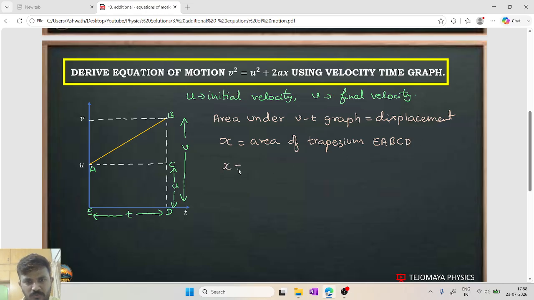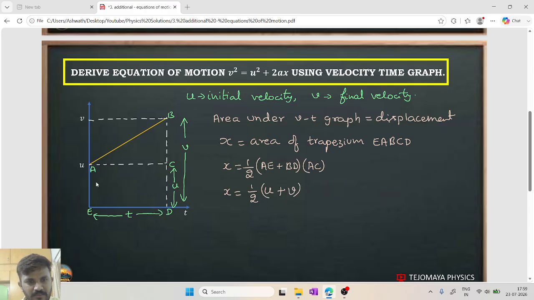What is the formula for the area of a trapezium? Half into the sum of parallel sides, that is AE plus BD, into the height, that is AC. So from that I can get x is equal to half. What is AE? A is parallel to CD, so u. What is BD, which is v?